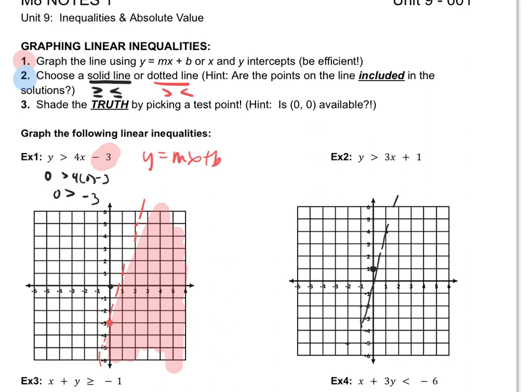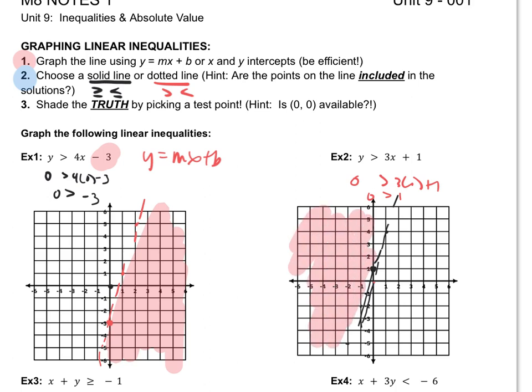Then I'm going to test 0, 0. Technically, that doesn't look good, but it's not on the line, I promise. The line's like over here. So I'm going to do 0 is greater than 3 times 0 plus 1. 0 is greater than 1. That is not true, so I'm going to shade the opposite side of the origin, which is over here.